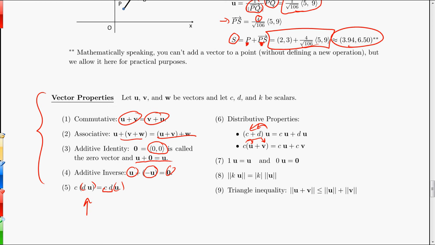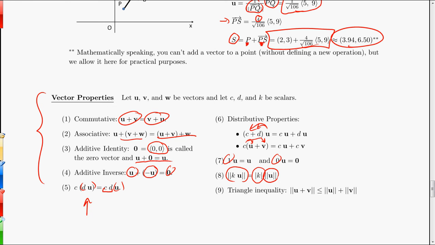If you multiply any vector by 1, you get it back. If you multiply any vector by 0, it turns into the 0 vector.